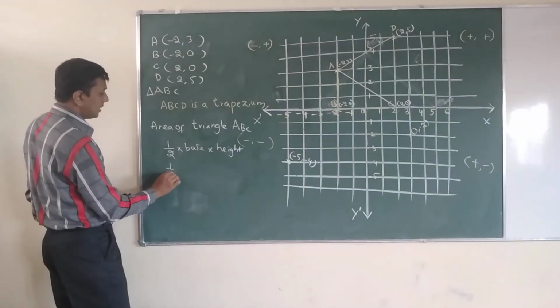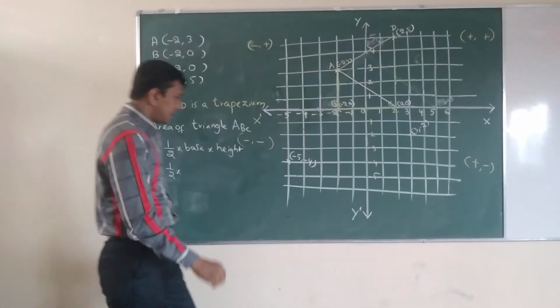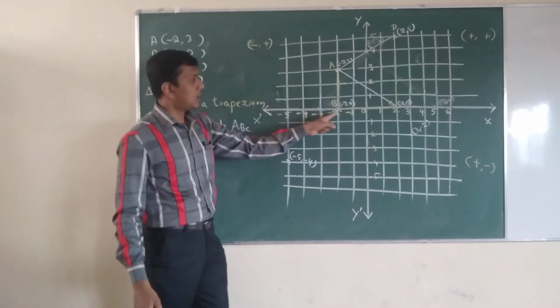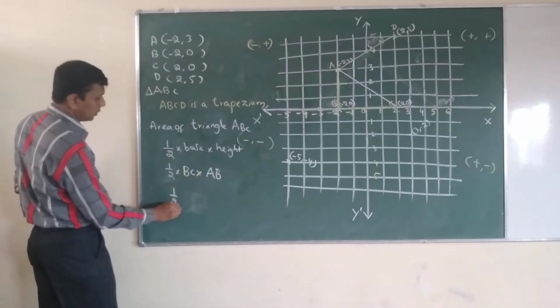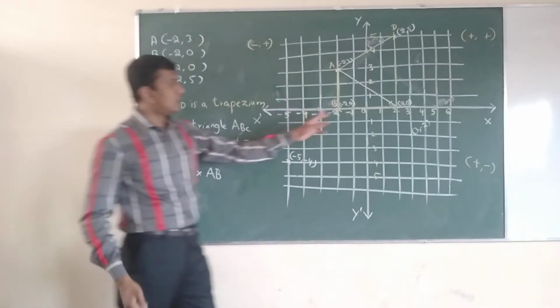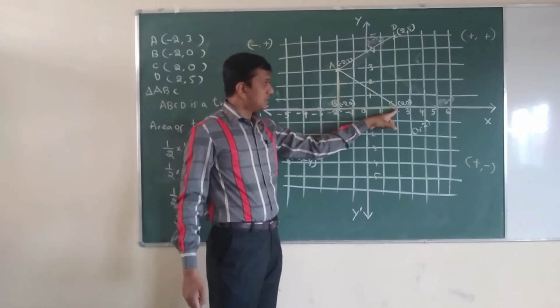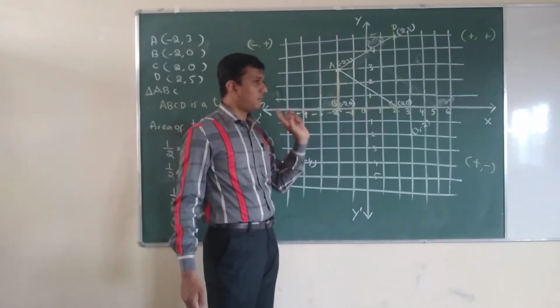What is the base here? BC is the base. Height, AB is the height. Half into BC length. Just count the distance. 1, 2, 3, 4.